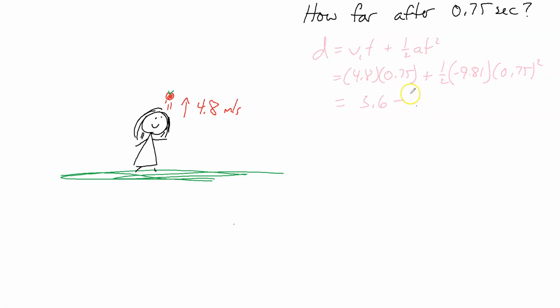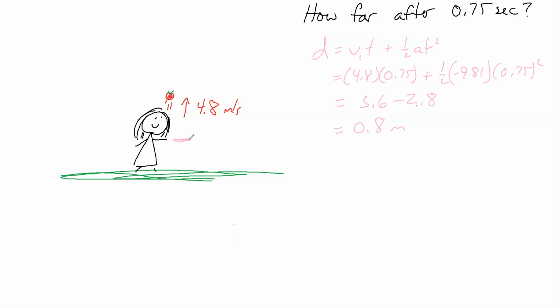So I'll subtract, rounding off to the same sig figs, 2.8. So I've got 3.6 take away 2.8, which is about 0.8 meters, and that's how far it has gone from her hand. That is my reference point.